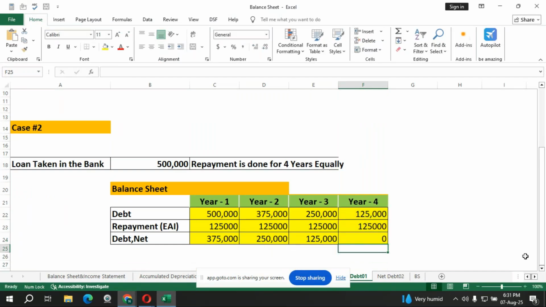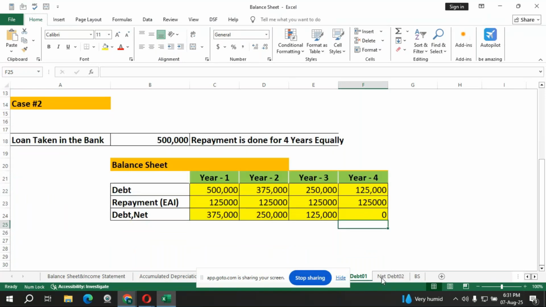So by the end of the fourth year, it should be 0. Complete this table.